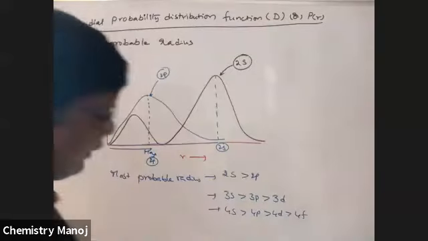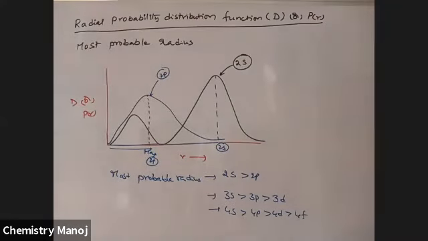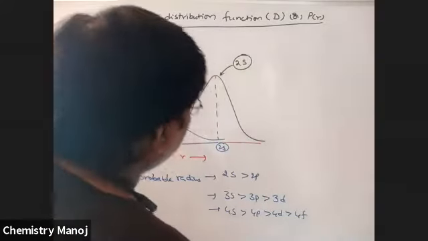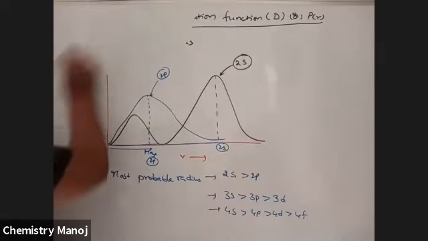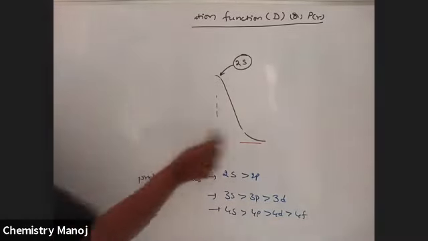Now I am going to draw some orbitals, that is S orbital, P orbital, D orbital shapes. So I am going to discuss orbitals. Today's class is only for the objective side.